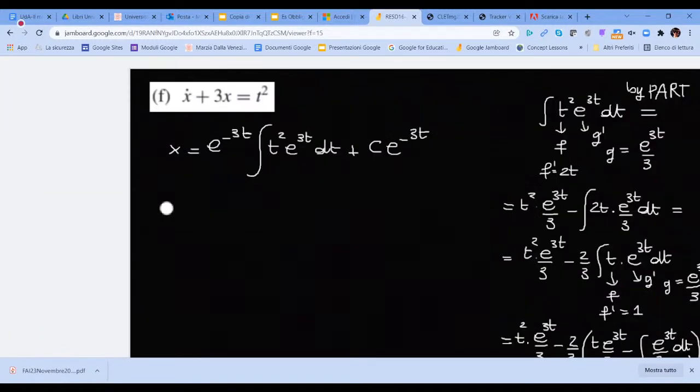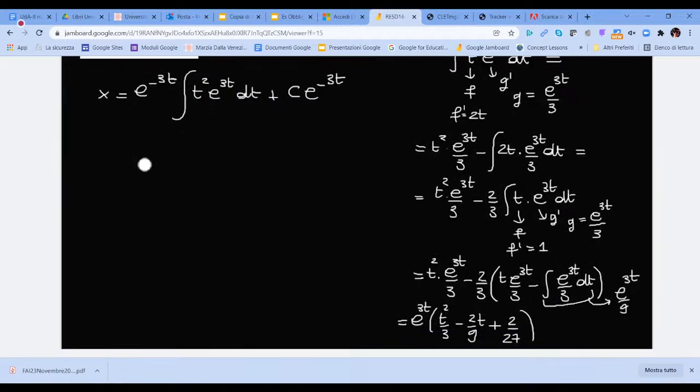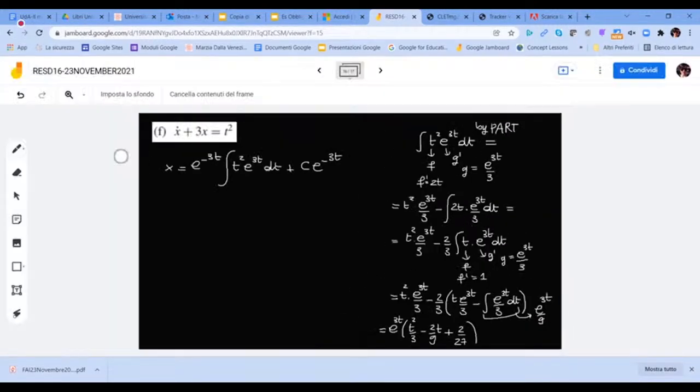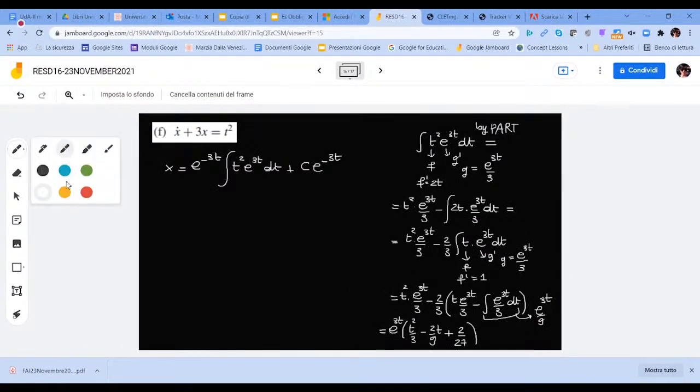That means that we can put the solution of the integral on the left hand side.